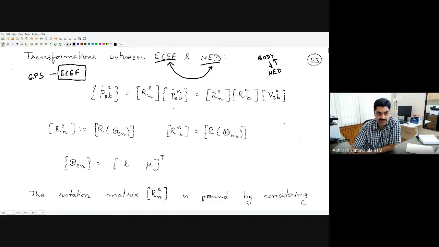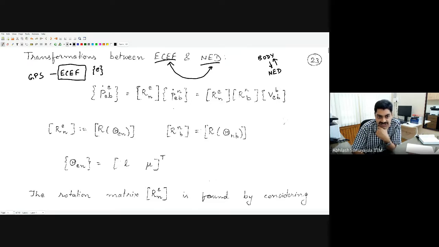Everybody with me so far? Okay, fantastic. Just like before, we know the kinematics of the position vector, the time derivative of the position vector in the Earth-fixed frame. Notice that ECEF is denoted as the Earth-fixed frame E. So we are looking at the position of the body's origin with respect to the Earth center expressed in the E frame.